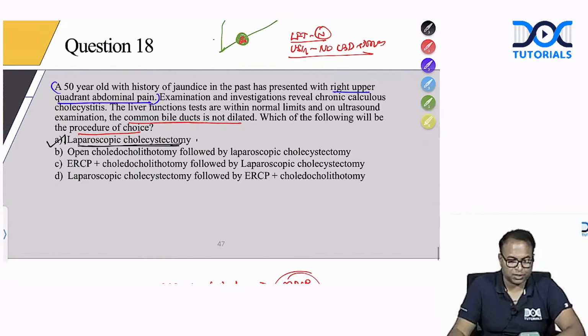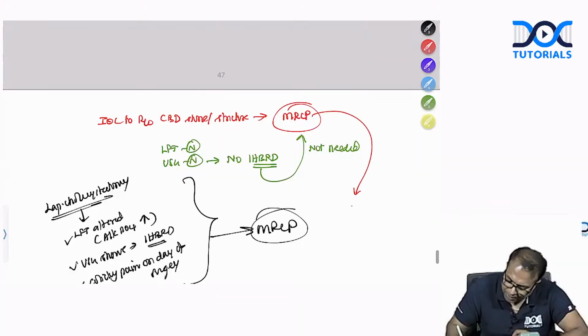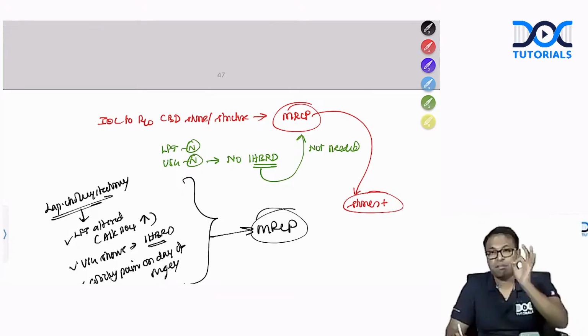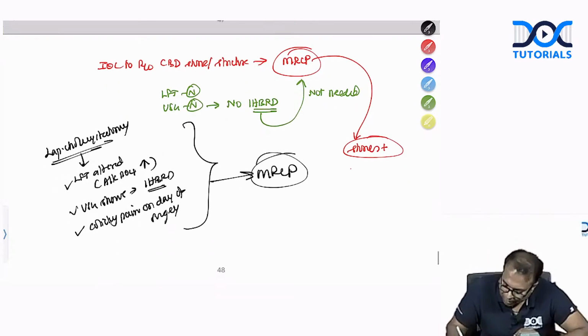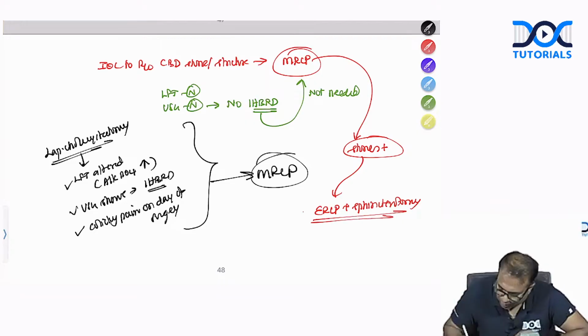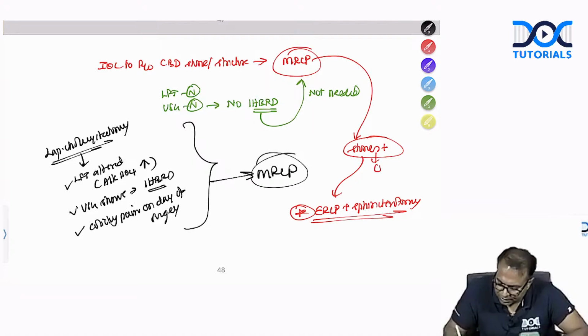Simple, straightforward question. ERCP is done when MRCP shows stones are present. Only when MRCP shows stones are present, then we will go for ERCP plus sphincterotomy. ERCP is no more used for diagnostic. It is only used for therapeutic procedures when there are stones in the CBD.